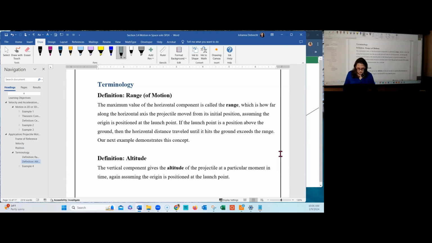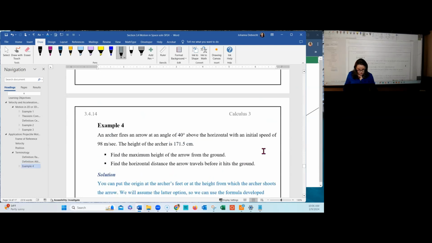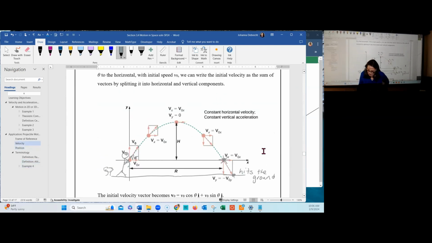Let's see if I have a picture for the range. I can draw it on our picture up here. The range is actually measured here. This is the range, right? It's measured from the horizontal axis back to when it again hits that horizontal axis.